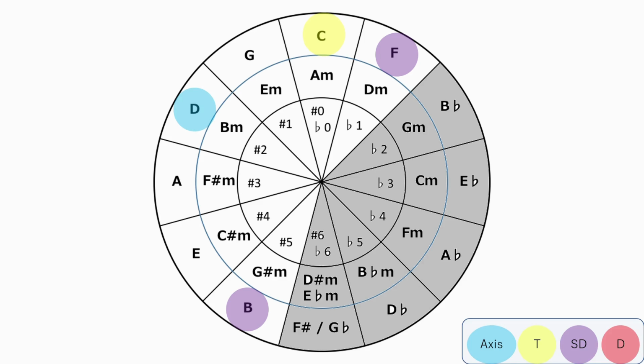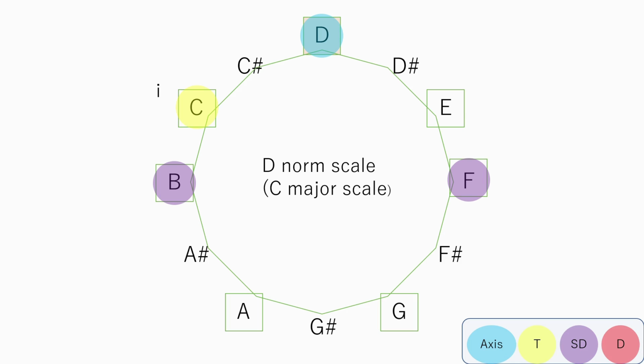The next step is to line up the 12 notes of the scale, one half note at a time, to form a circle. The order is the same as on the keyboard, so naturally the C major scale is symmetrical with D at the center.